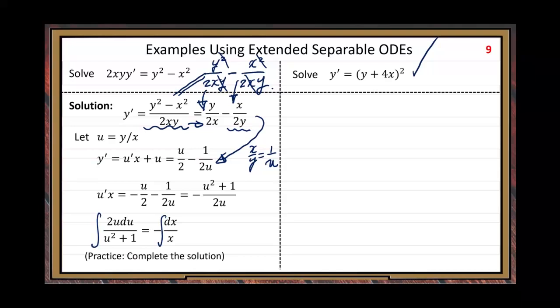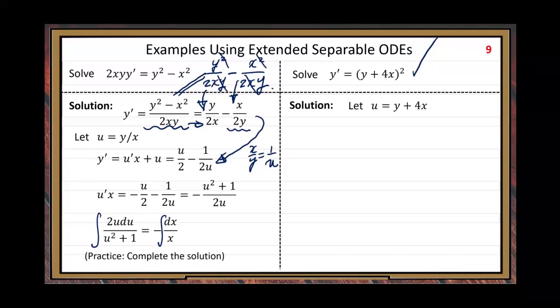The second example. This time, although the structure inside parentheses is different, we can still use a similar idea: introduce a new variable to represent everything inside the parentheses, u equals y plus 4x.